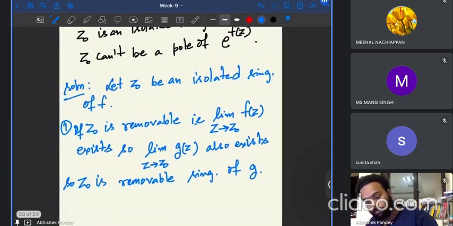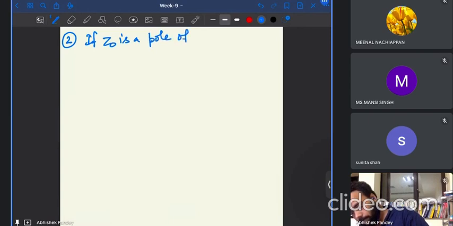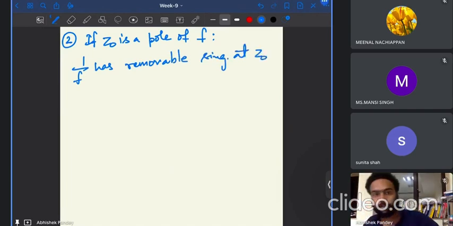Now let us look at what if z naught is a pole. This is the important thing. If z naught is a pole of f, then in this case 1 by f has a removable singularity at z naught.